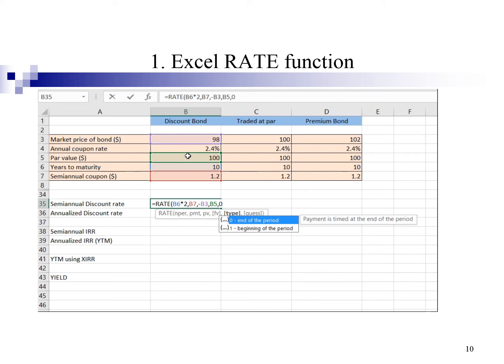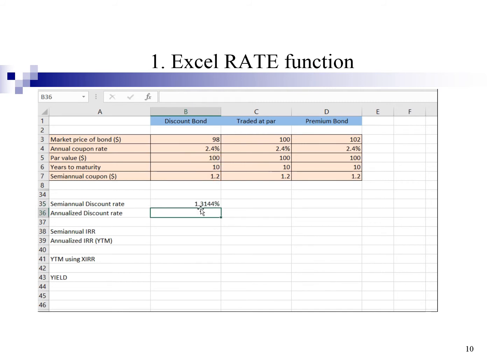as cash flow occurs at end of period, close bracket, enter, and here is the discount rate for semi-annual basis. I shall annualize the semi-annual discount rate. I shall type equal, open bracket, 1 plus semi-annual rate, close bracket, power of 2 minus 1.